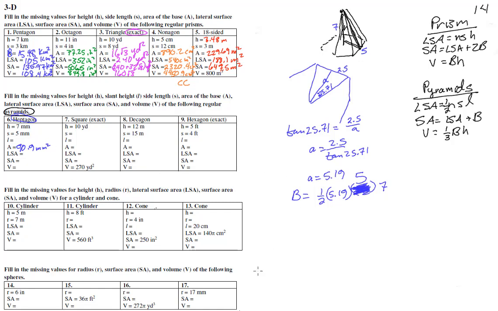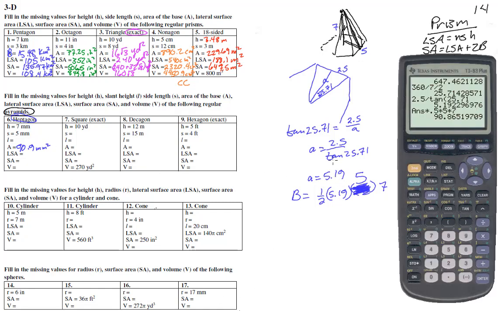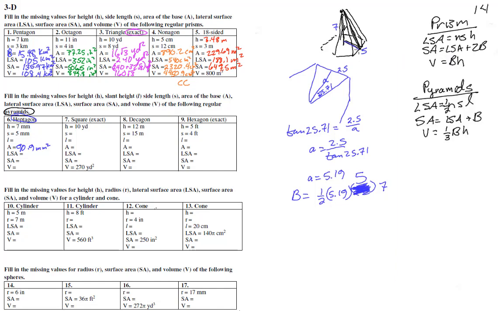All right, so now the tough thing comes. We have to use the apothem, which comes out here, which is going to be 5.19, and the height, which is 7, and make that a little right triangle to get the slant height. So we've got this little h squared plus a squared equals the slant height squared. And we use an L because S is already used up, and that's the next thing in slant.